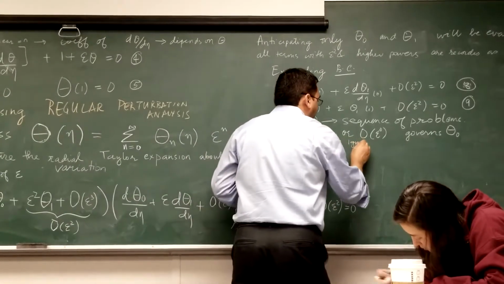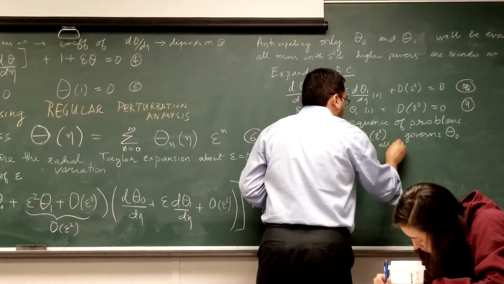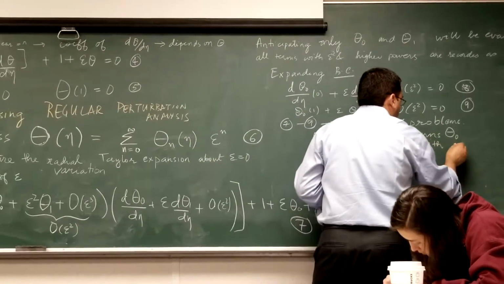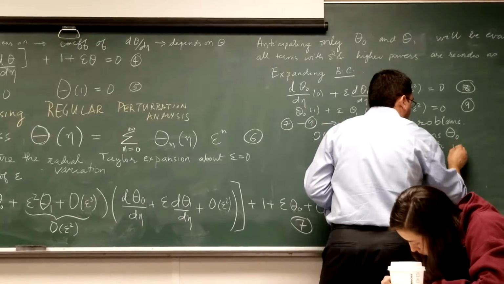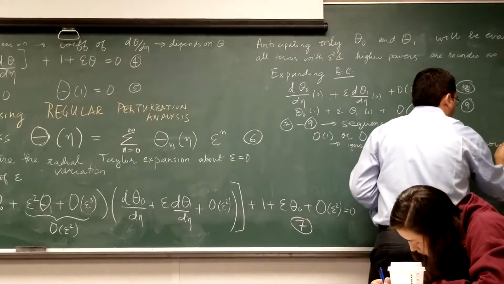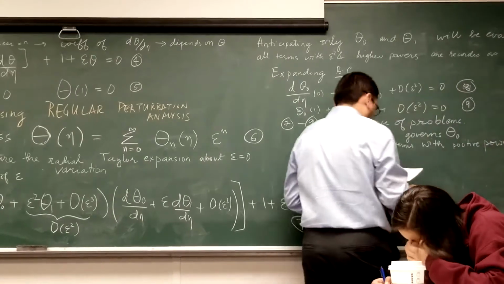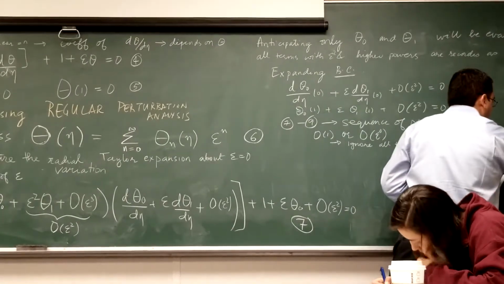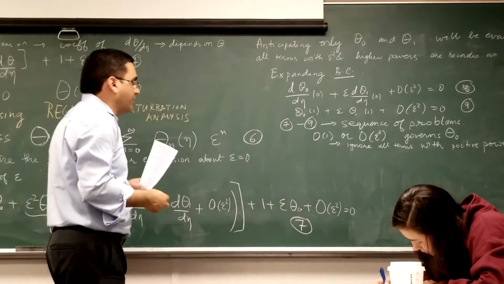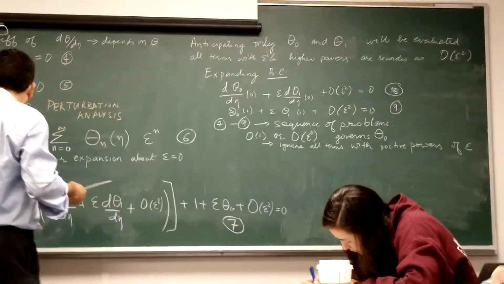let's ignore all terms with positive powers of epsilon. So epsilon, epsilon squared, all those terms are going to be ignored, and then I write down whatever is left.